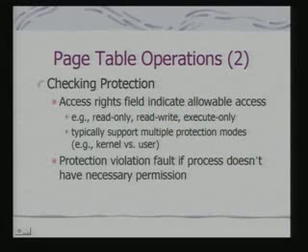But you have to protect your cell phone against a virus attack or any other kind of malicious attack through these on-the-fly codes that you are downloading and executing. So this kind of protection mechanism as implemented through virtual memory becomes critically important. And a protection violation fault occurs if a process does not have the necessary permission and is trying to access a location which is not really allowed.